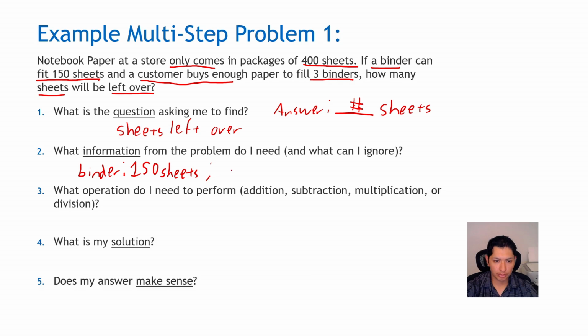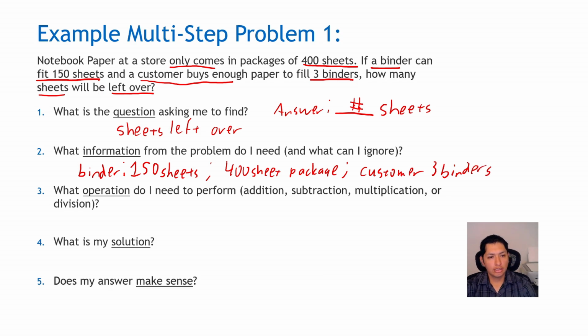I'm also going to write the first piece of information I wrote. 400 sheet package. And finally, a customer buys enough paper to fill 3 binders. Okay, so customer, 3 binders.